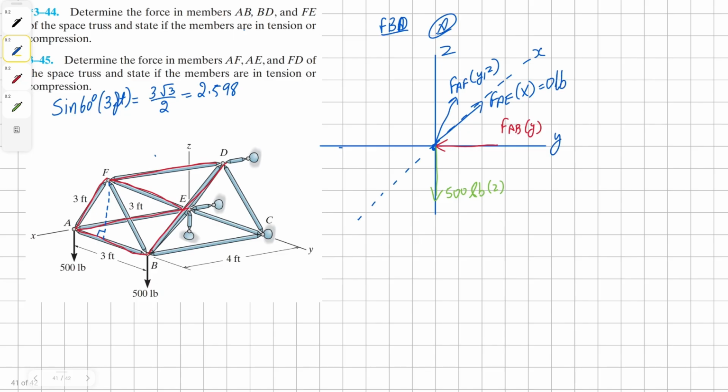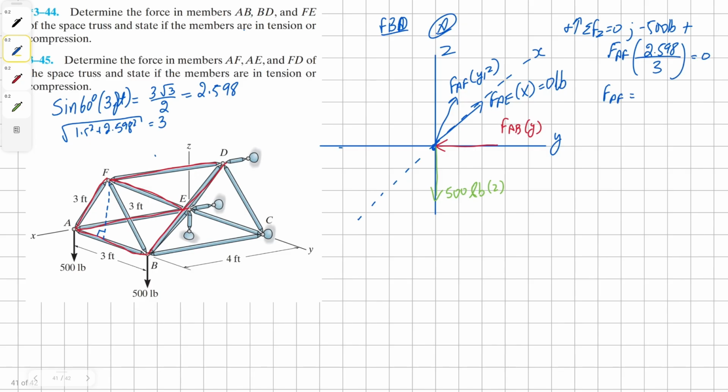And now to solve for the remaining members, let's start by summing the forces in the z-axis. We're going to have negative 500 pounds, then positive z component of force AF. The denominator for the z component is simply going to be y and z, so 1.5 squared plus 2.598 squared, which gives us 3, all equals 0.